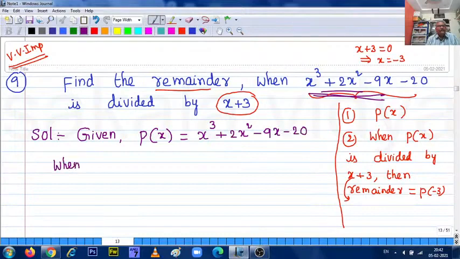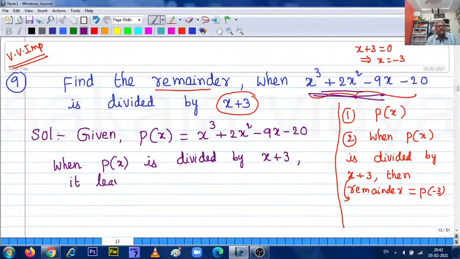When p of x is divided by x plus 3, it leaves a remainder p of minus 3.